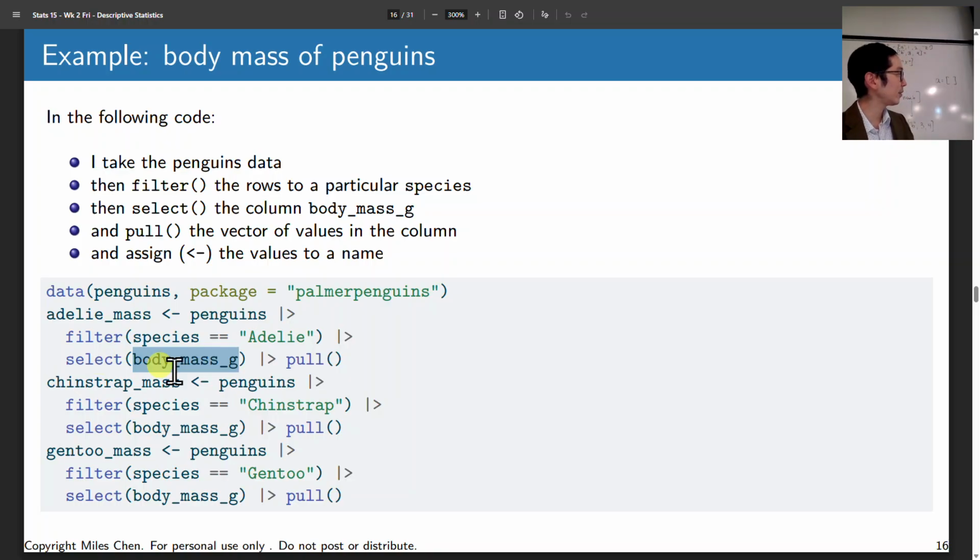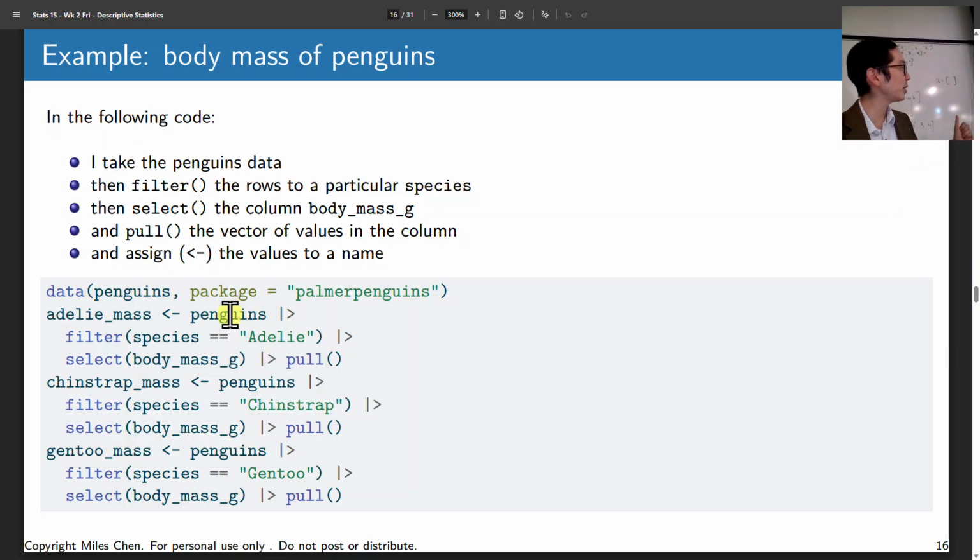And if I stopped here, what would happen is R is going to return basically a table with one column. And if I want to be able to do mathematical operations on it, I have to extract it out as a vector, okay? And you guys have already been kind of dealing with vectors a little bit in your DataCamp homework, so we're familiar with the c notation and the vectors, right? And so if you want to get the values out of a column, you say, I'm going to pull the values, okay?